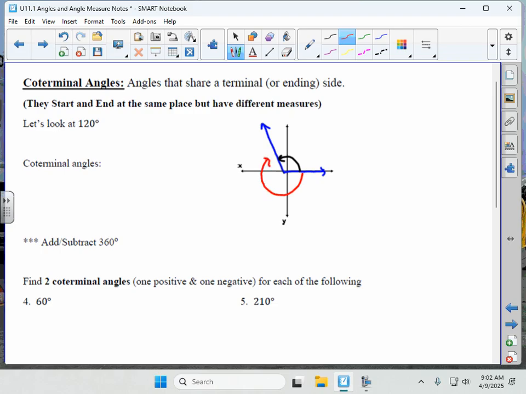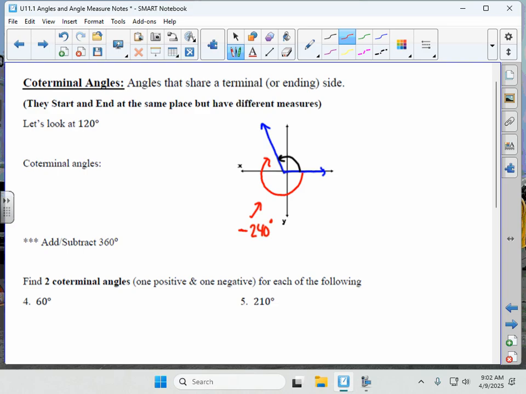If I go in the negative direction, or the clockwise direction, the two sides of the angle would start and end at the same place, but their angle measures are going to be different. So if I start with a positive 120 degrees and go in the negative direction, this angle right here is actually going to be negative 240 degrees.